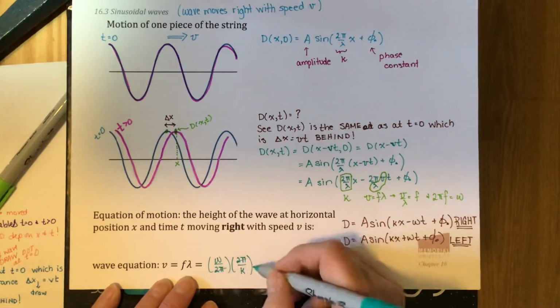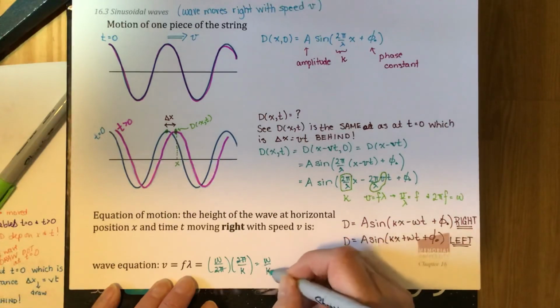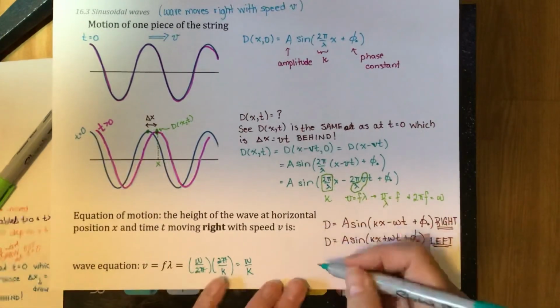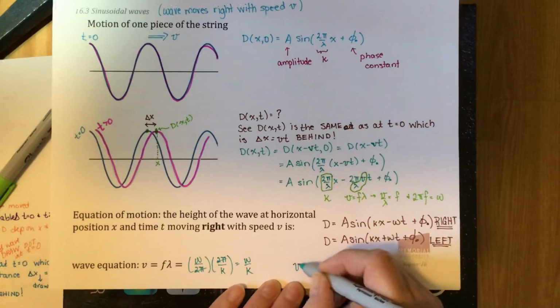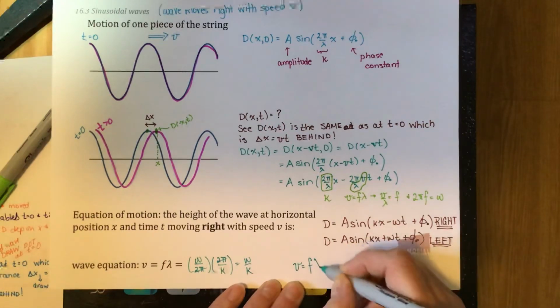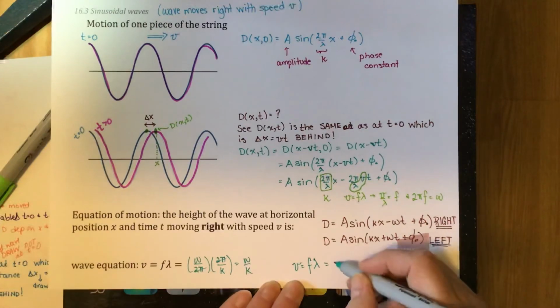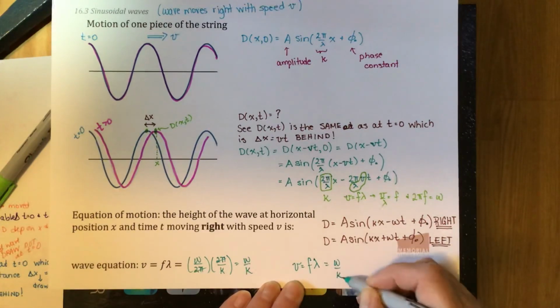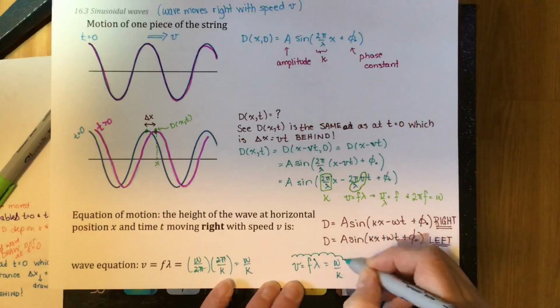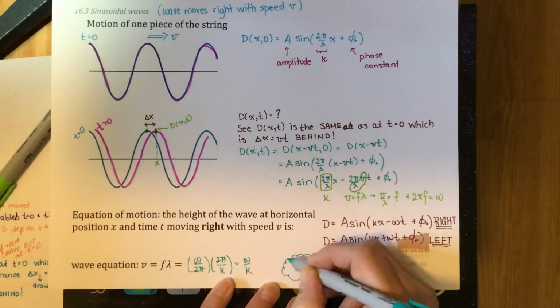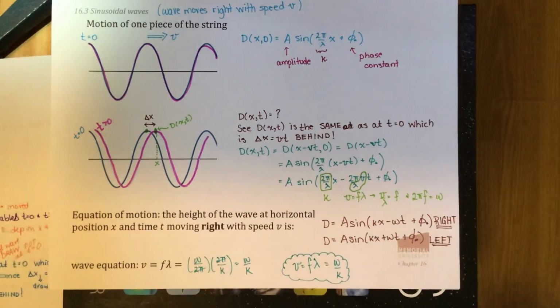The 2 pi's cancel, and we're left with omega over k. So the first time we wrote down the wave equation on the previous slide, we said v equals f times lambda. Sometimes you know omega and k instead of f and lambda, so it's also equal to omega over k. So there's the full form of the wave equation, which is handy to have in case you want to use it.